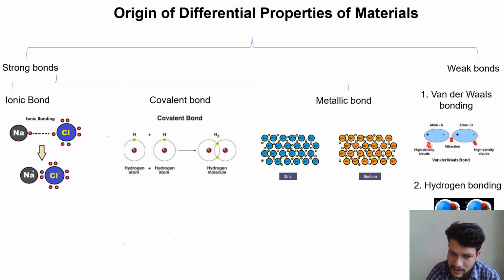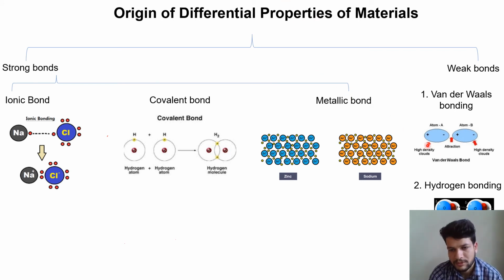In this portion there is a high positive charge in this atom, and in this portion there is a high negative charge, and also the opposite on this side. From this positive and negative charge, these atoms attract each other, and this leads to the van der Waals bond, or van der Waals attraction.